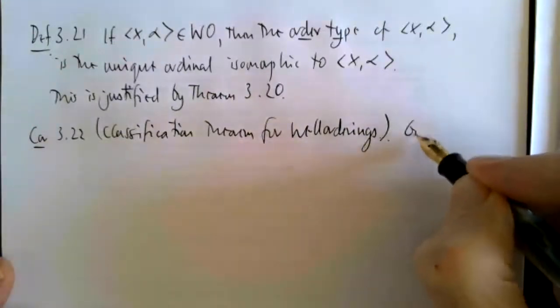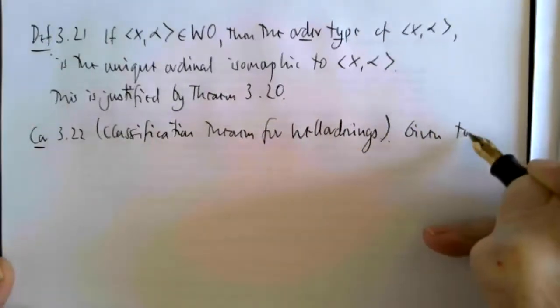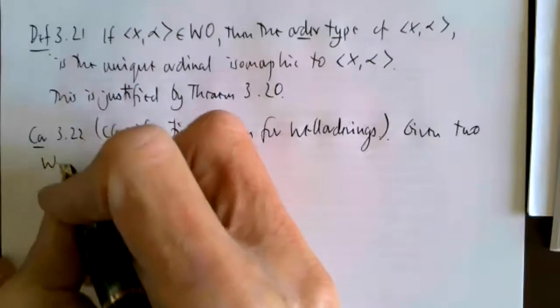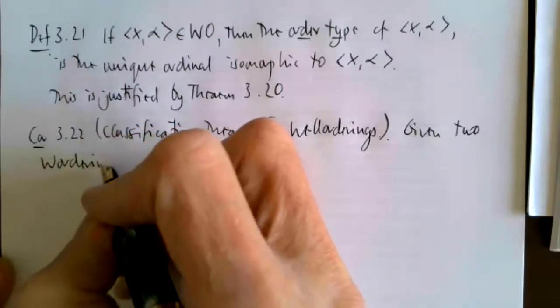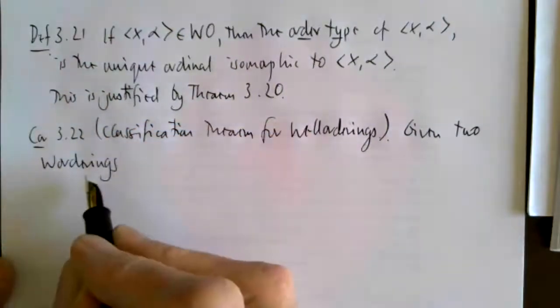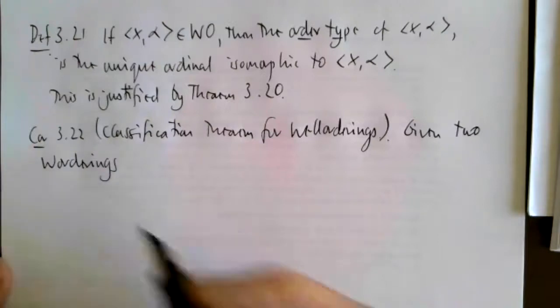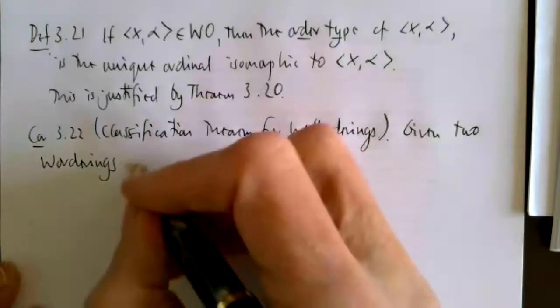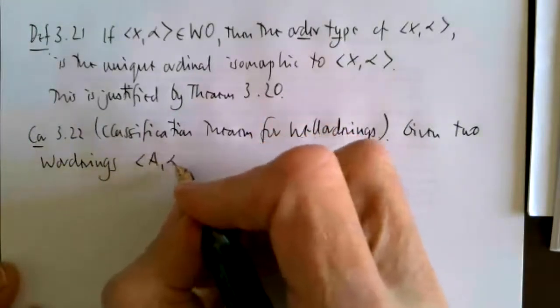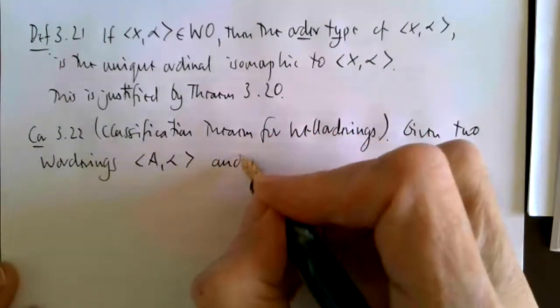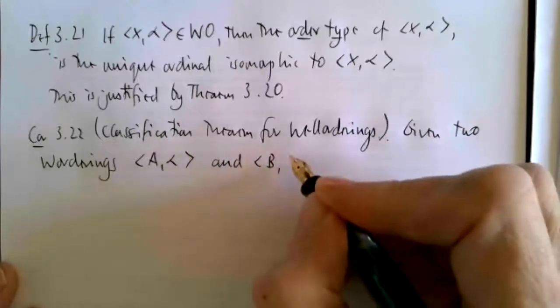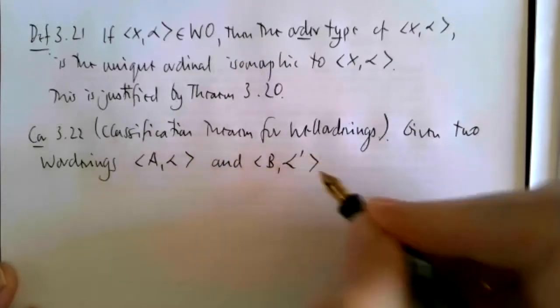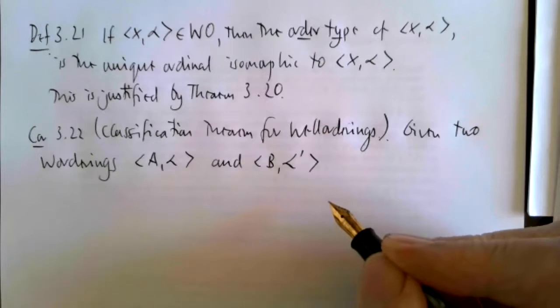So given two well orderings, so I'll just abbreviate that with WO, right? So then we all know what that means. So I've got A with its less than and another B with its less than prime here.